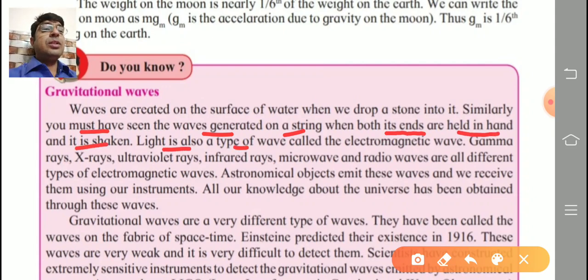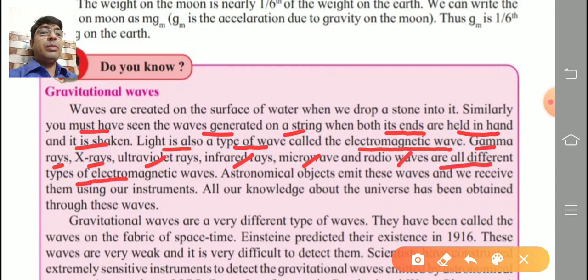Light is also a type of wave. That type of wave is called an electromagnetic wave. Gamma rays, X-rays, ultraviolet rays, infrared rays, microwave and radio wave are all different types of electromagnetic waves.